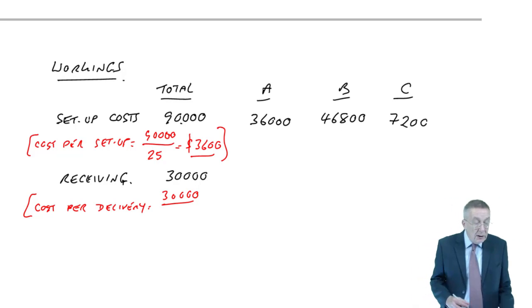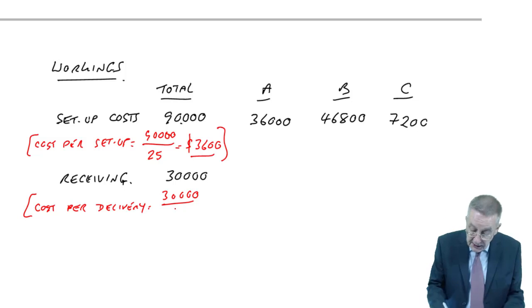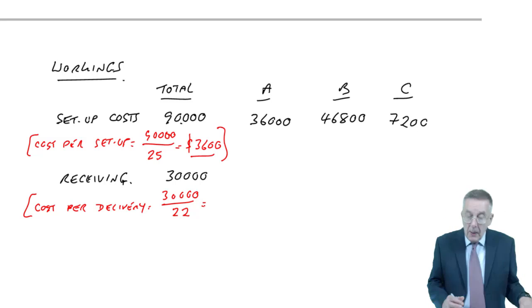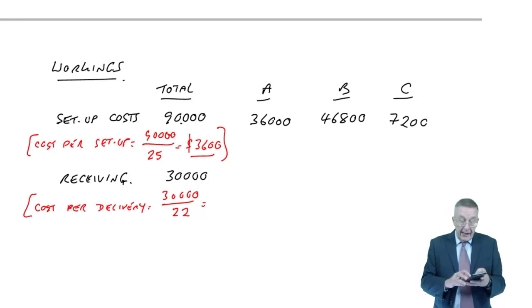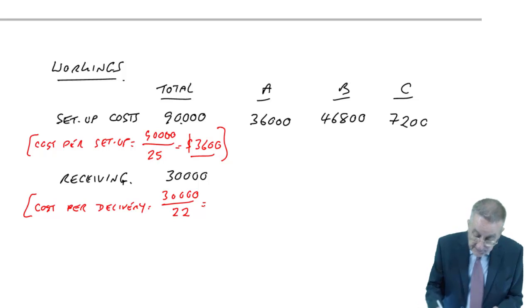How many deliveries in total? 10, 10, 22. And so, effectively, how much is each delivery costing us? I get 1,364.